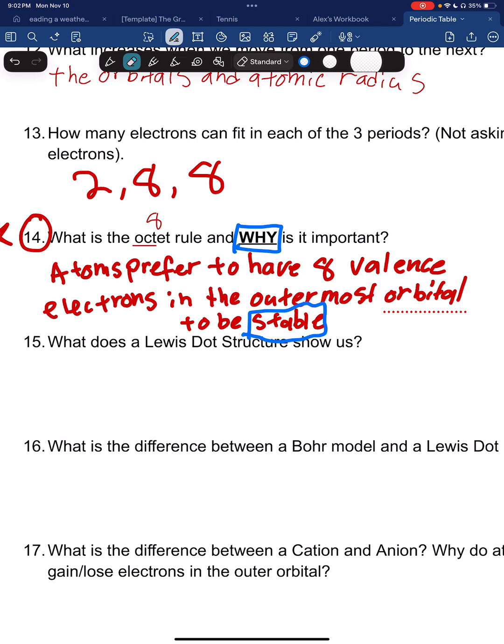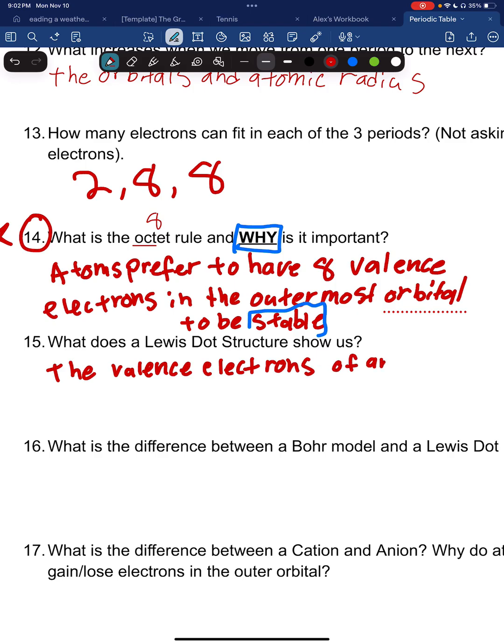So our next part here, it says, what does a Lewis dot structure show us? So a Lewis dot structure shows us the valence electrons of an atom only.